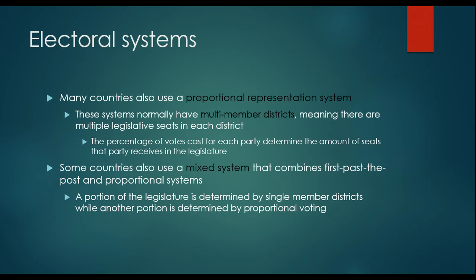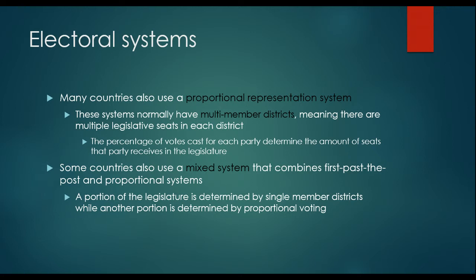Many countries also use what's known as a proportional representation system. These systems normally have multi-member districts, meaning there are multiple legislative seats in each district. So this is different than the single-member district, in which you only have one person representing a district. In a multi-member district, you have multiple people representing those districts. The percentage of votes cast for each party determines the number of seats that party receives in the legislature.